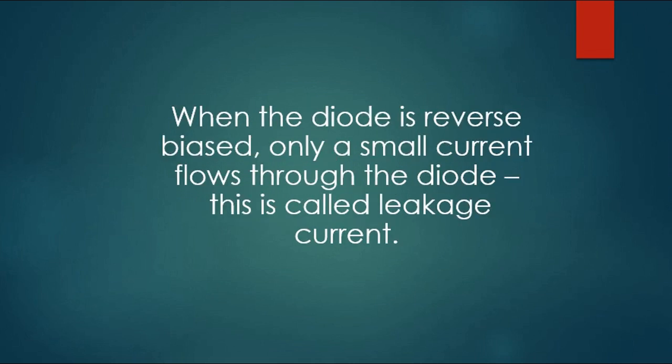So when the diode is reverse biased, only a small current flows through the diode. This is called leakage current.